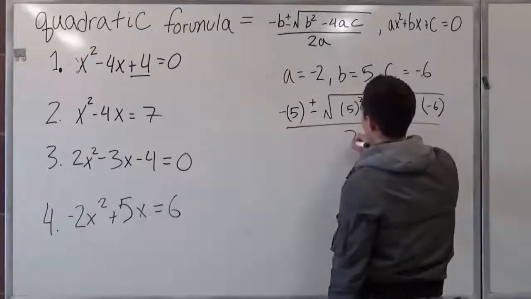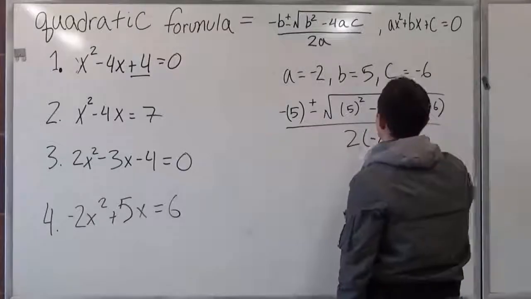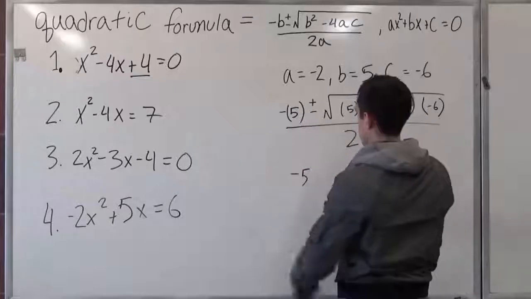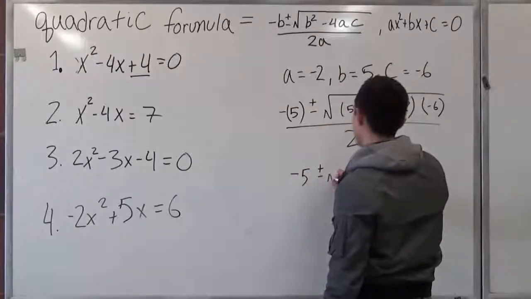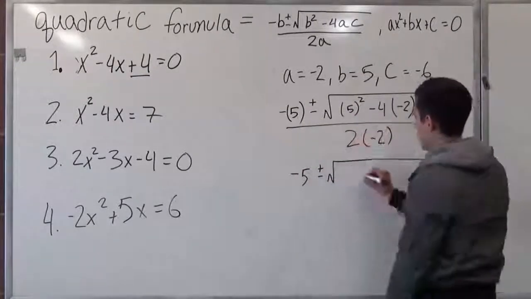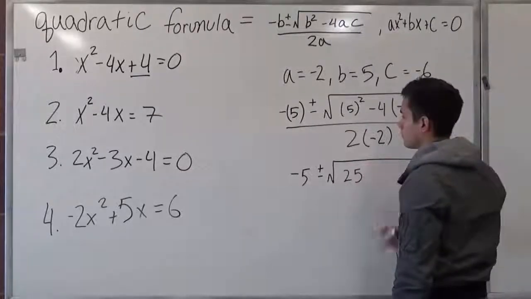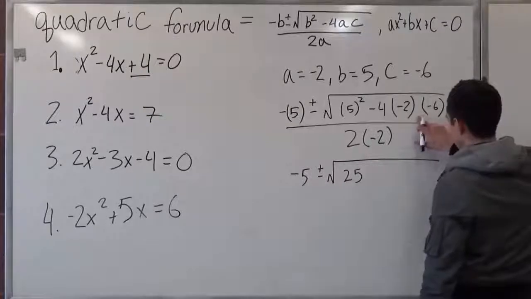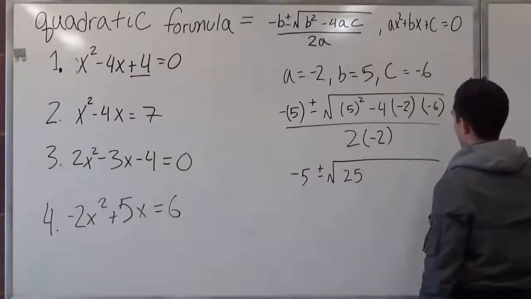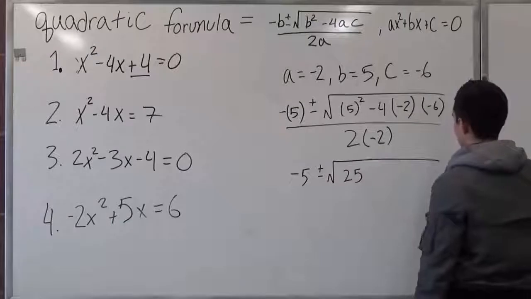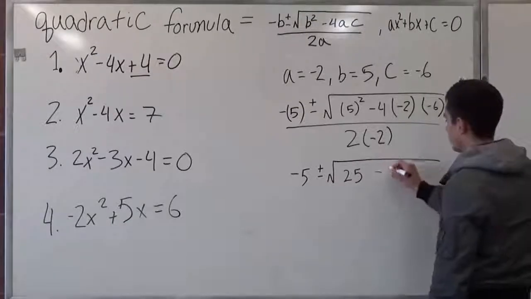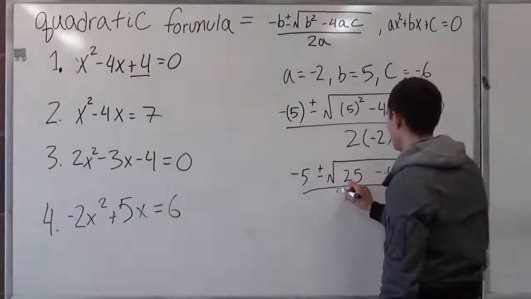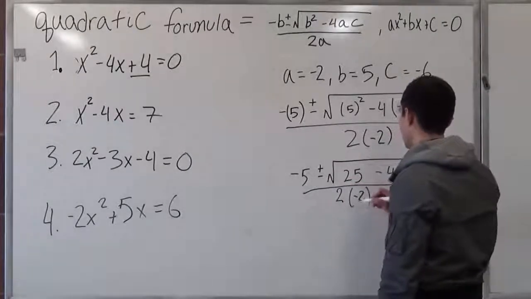All over 2 times negative 2. Negative 5, negative times a positive becomes a negative, plus or minus the square root of 5 squared, that was just 25. Negative 4 times negative 2, that's positive 8. Positive 8 times negative 6, that's negative 48. All over 2 times negative 2.